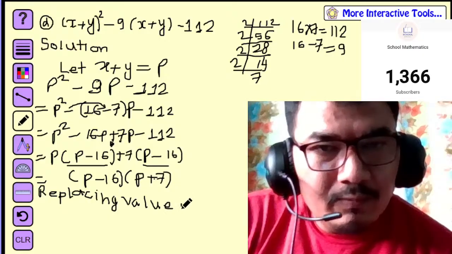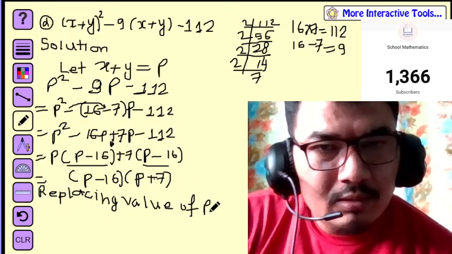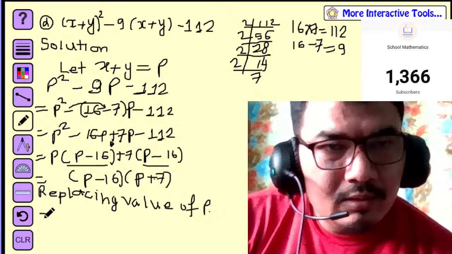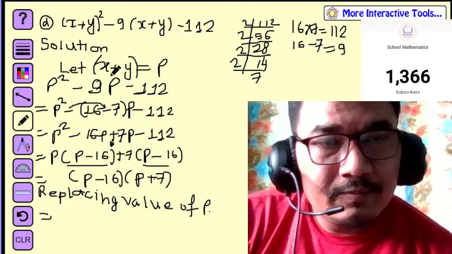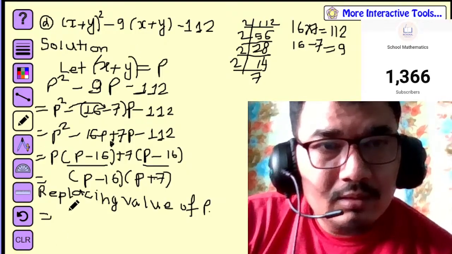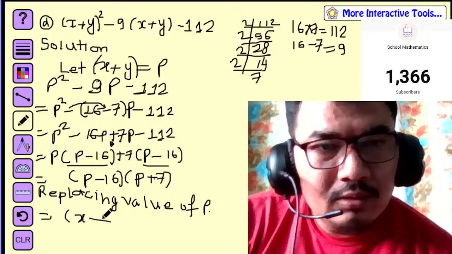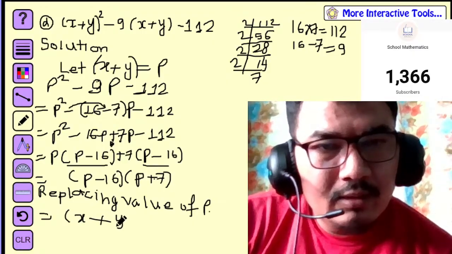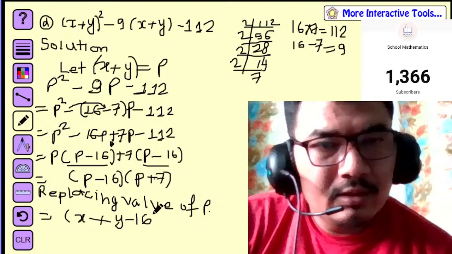If you replace the value of p, then what will happen? See here, in place of p we have supposed this x plus y, right? That's why here x plus y minus 16, right?